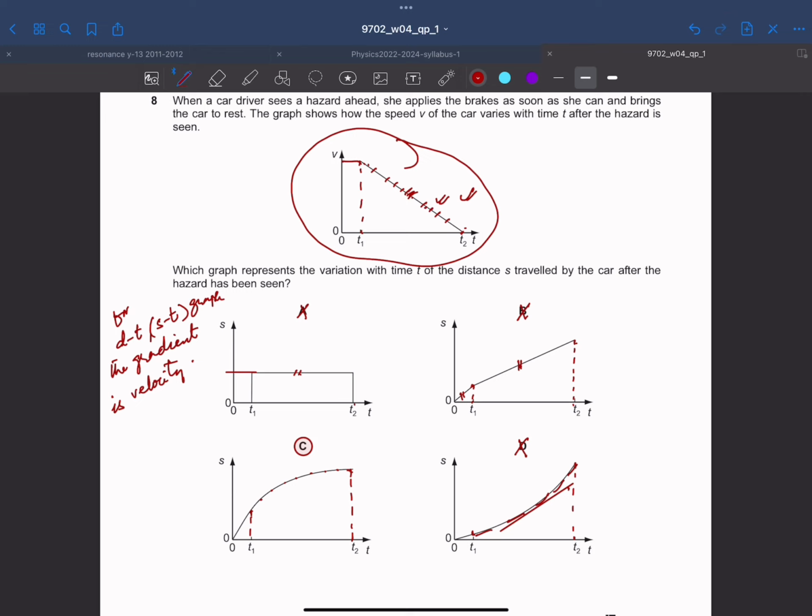So be careful. This is something we have learned in our theory lecture in detail. If you want to go for the theory, you can follow that lecture on my YouTube channel. So this is question number 8, the relation between the distance-time graph and velocity-time graph.